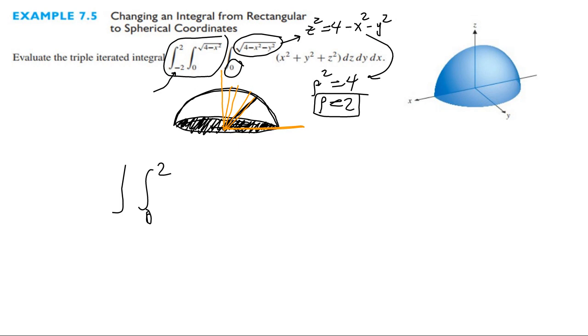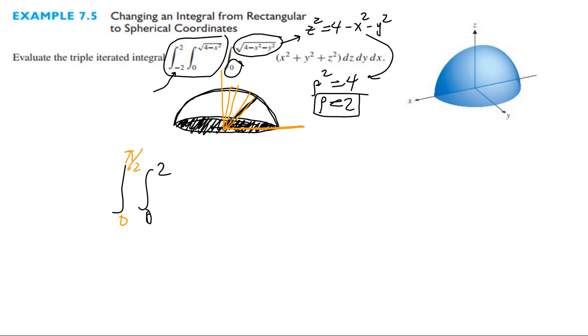As I said, Fatima, we don't have cones in this case. The cone will make the range for phi smaller. If we only have spheres, if you're dealing with the upper hemisphere, phi between 0 and pi over 2. If you have a lower hemisphere, from pi over 2 to pi. All right, so phi between 0 and pi over 2.